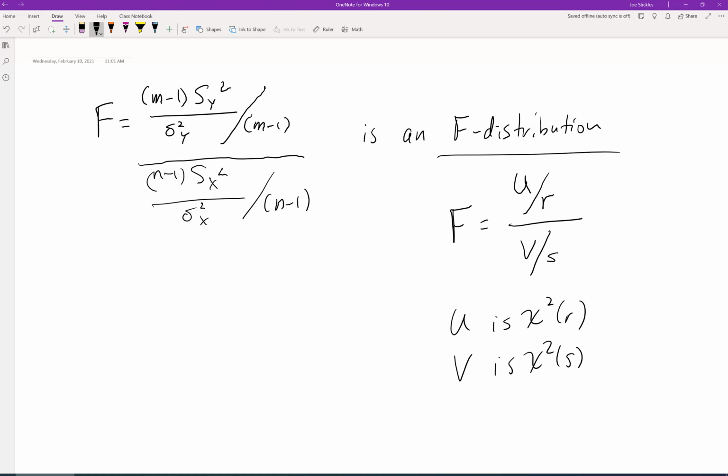Usually the notation for this is F with R and S. The R is referred to as the numerator degrees of freedom, and the S is referred to as the denominator degrees of freedom.